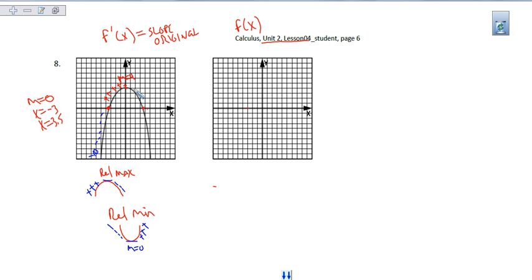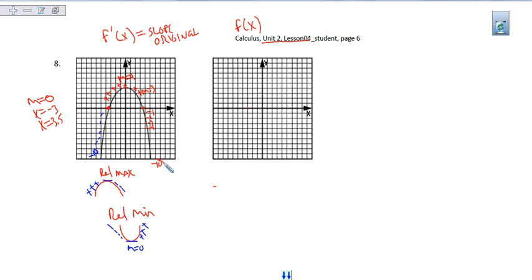I mean, the function's still increasing, but the slope would start to equal a little bit less, and then right here the slope is equal to 3, slope is equal to 2, slope is equal to 1, and then hit 0. And then in this section we have a negative 1, looks like the derivative would be negative 2, negative 3, etc., until we get down to like negative 10 down here at the end of the graph.